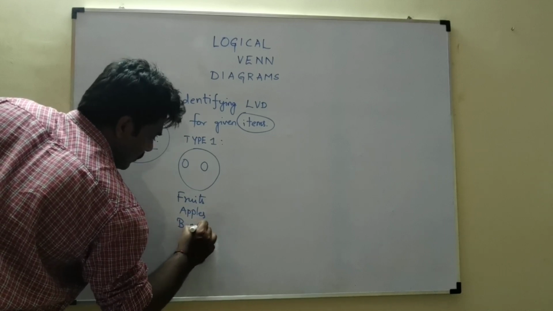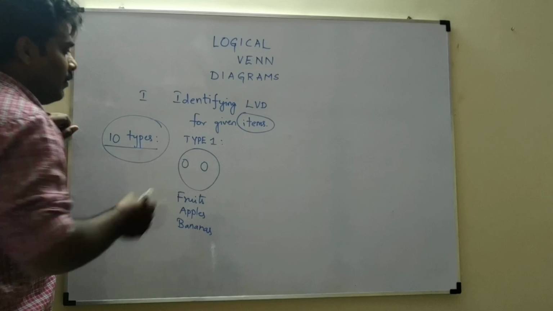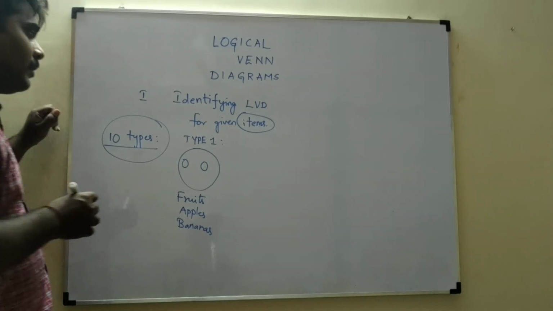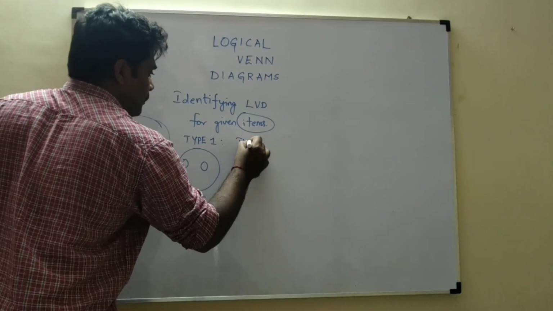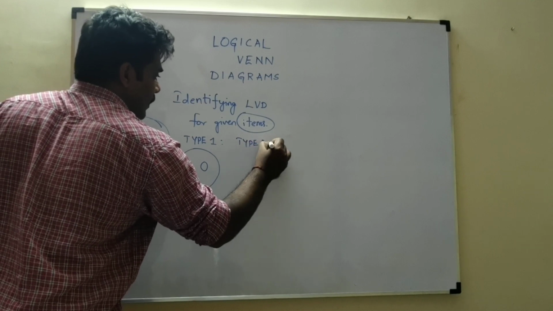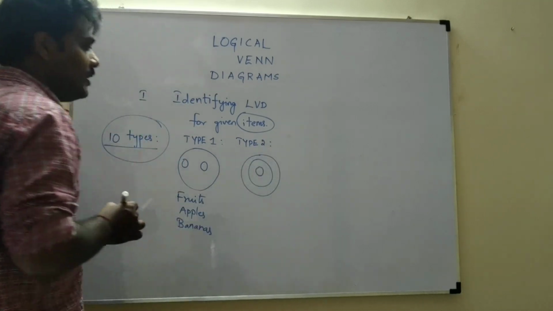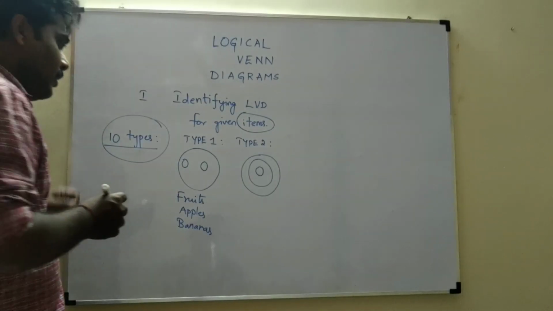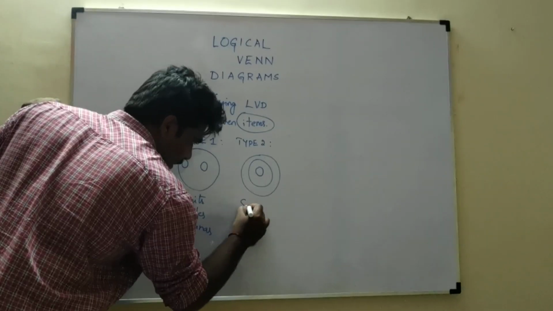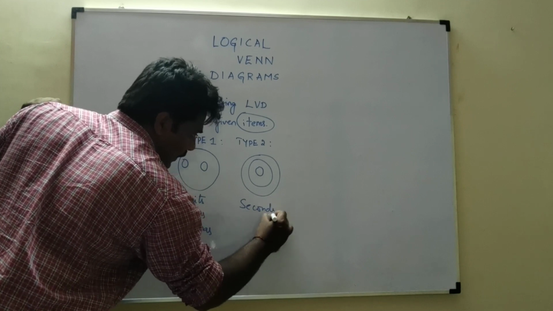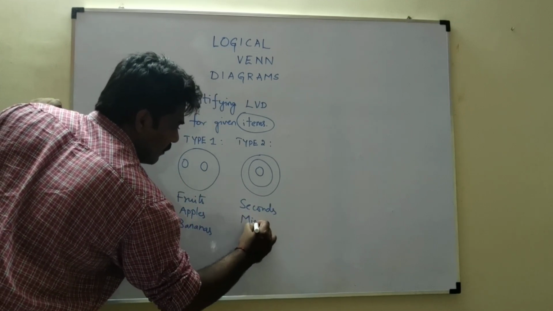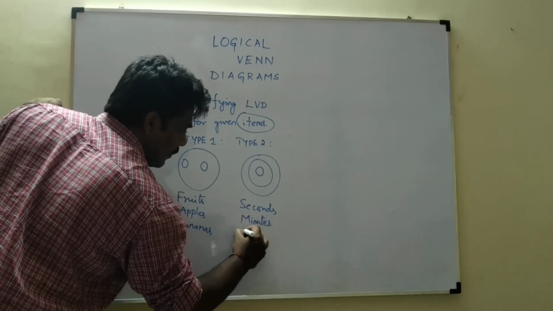This is one example for this particular model. Then type 2, this is related to concentric circles where each item belongs to one another. You can take an example of seconds, minutes, hours.